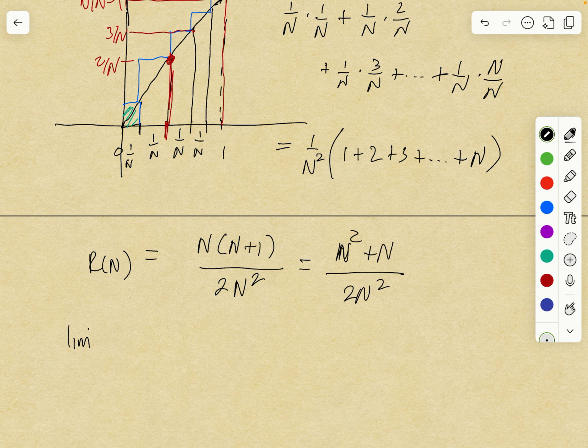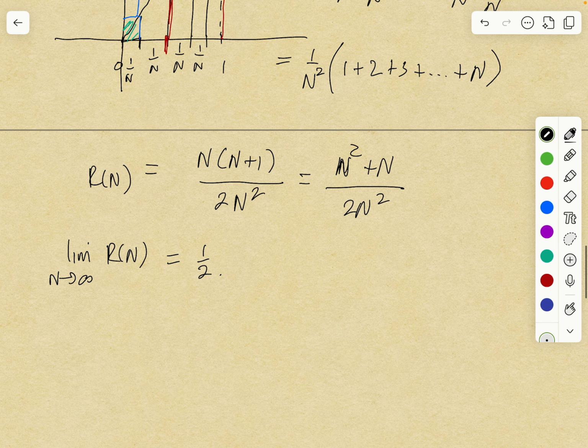Now we take the limit of R of n as n goes to infinity, and that's going to be 1/2. So by the lemma, the Riemann integral from 0 to 1 of x is equal to 1/2, which is true.